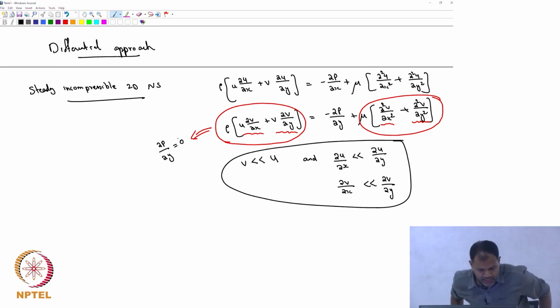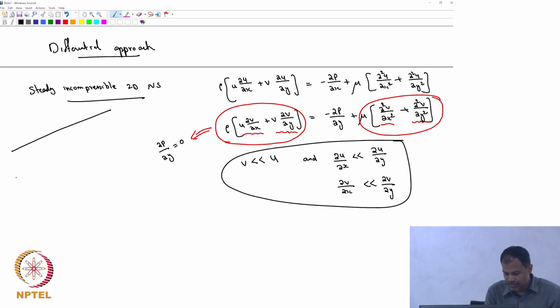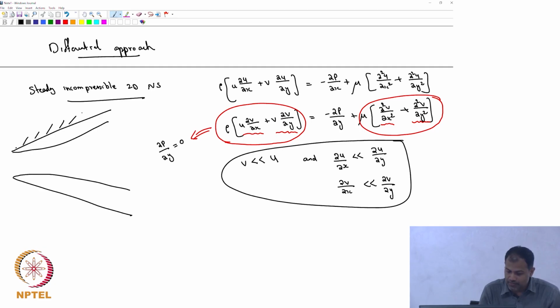Or to put it physically, let's say we have a diverging channel, and a fluid that's coming and a boundary layer is growing. So this is the boundary layer.